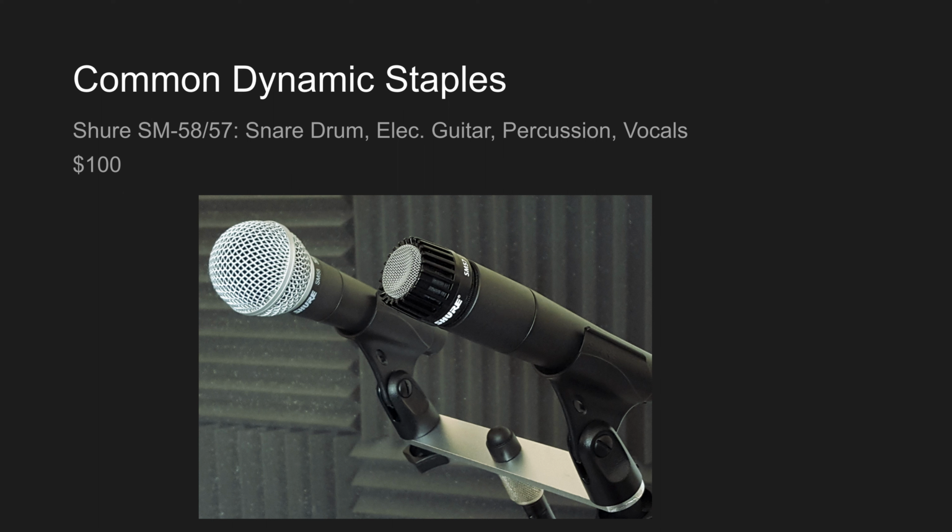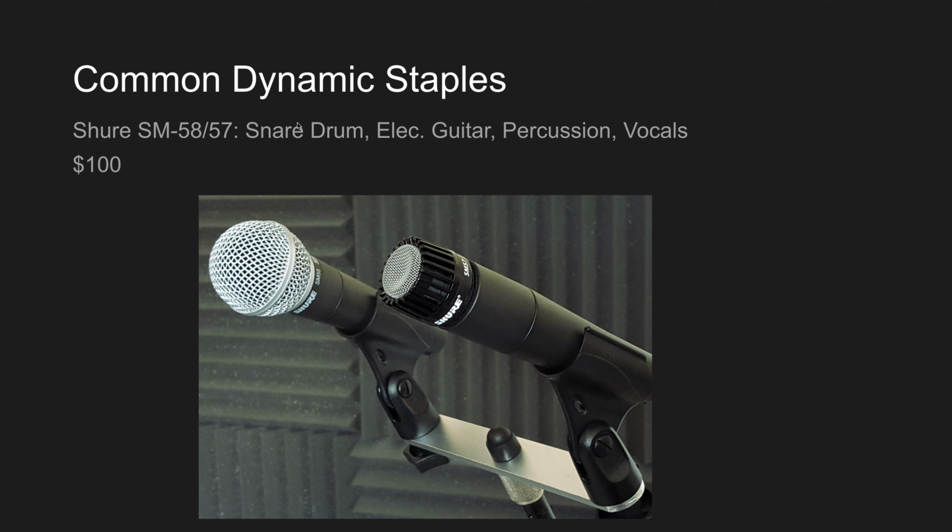One thing you'll notice is dynamic mics are typically a bit cheaper than your ribbon and condenser mics. That being said, there are always exceptions to that rule. But these are high quality dynamic mics, and they're $100, which is relatively cheap when you talk about microphones. So that's just something to keep in mind.